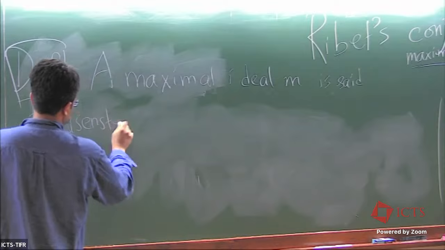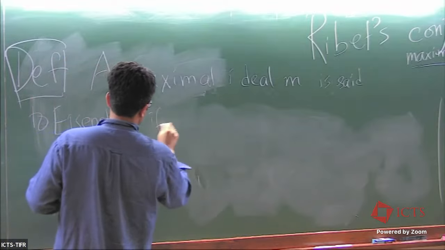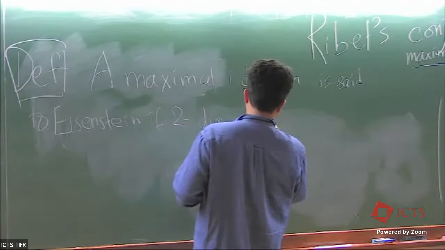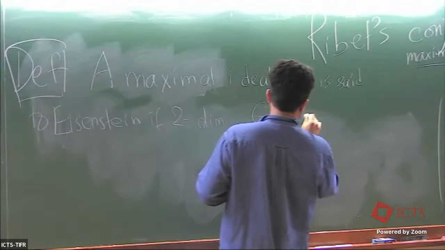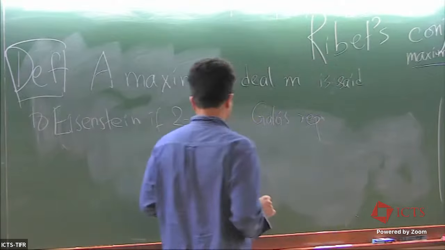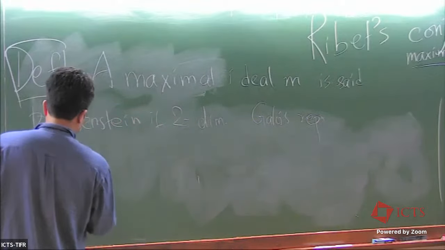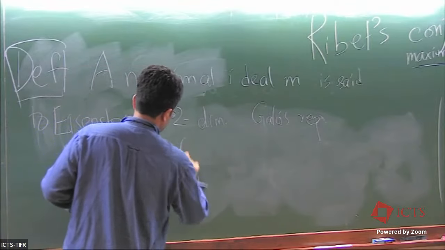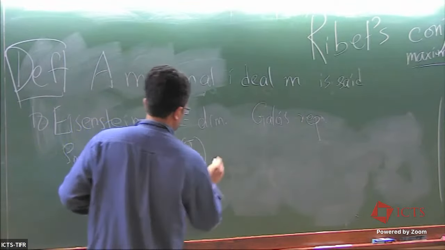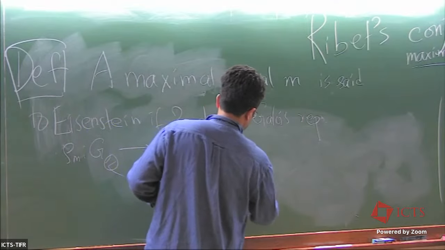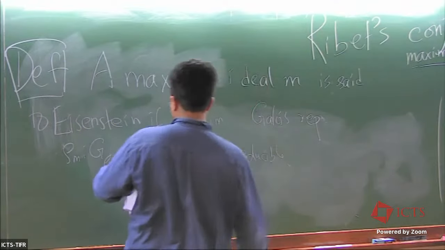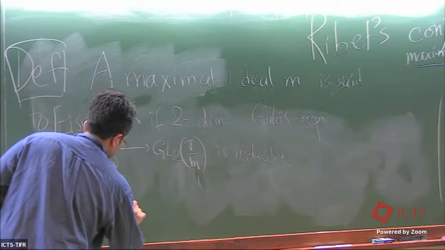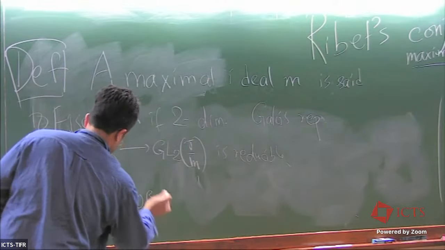Eisenstein if the two-dimensional semi-simple Galois representation rho m from G_Q to GL_2 of T mod m is reducible. Of course, this two-dimensional, there is not much choice, and this rho m is basically alpha m direct sum beta m.